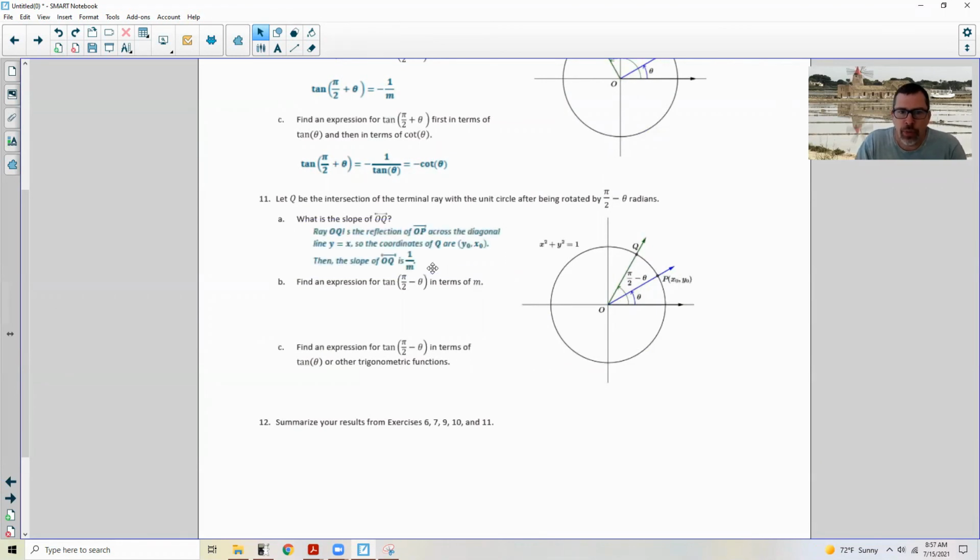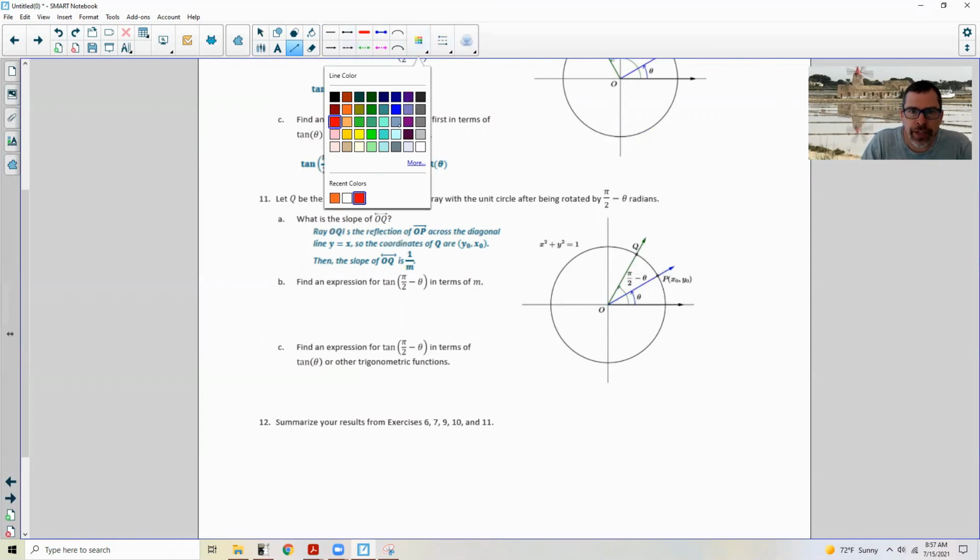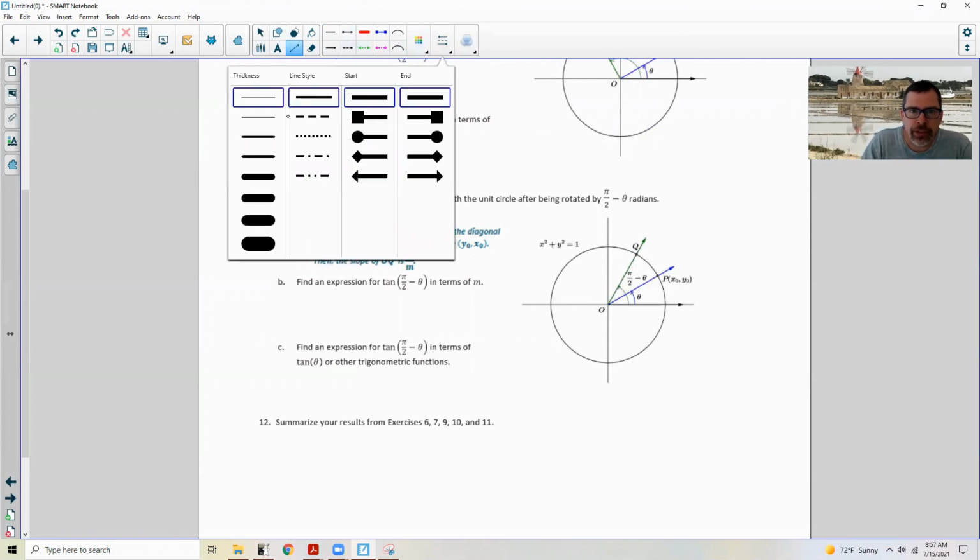All right. Well, ray OQ is a reflection of OP across the line y equals x. If I drew a line y equals x, let me do that. So let's draw a straight line. Let's make it red and thin, not dashed.